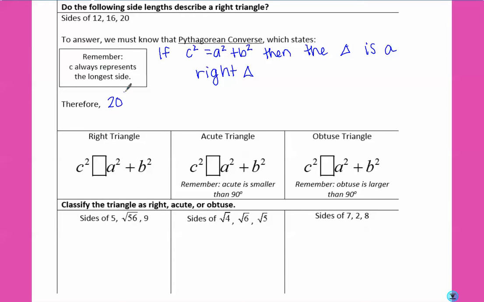So we want to check here. Does 20 squared, because that's the longest of the three sides, equal, I'm going to put a question mark because we don't know yet, 12 squared plus 16 squared? 20 squared is 400. I'll leave this blank for whether it equals or it doesn't equal.